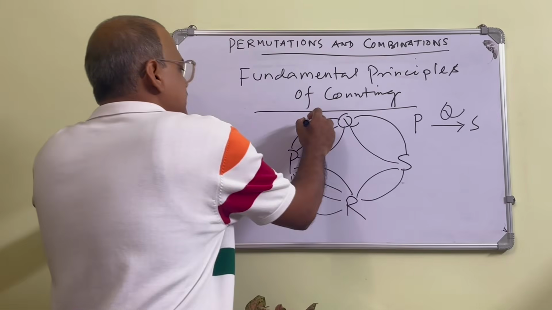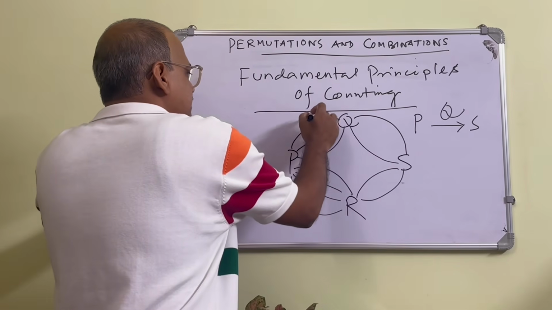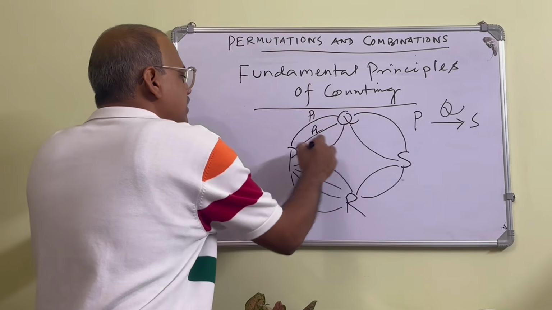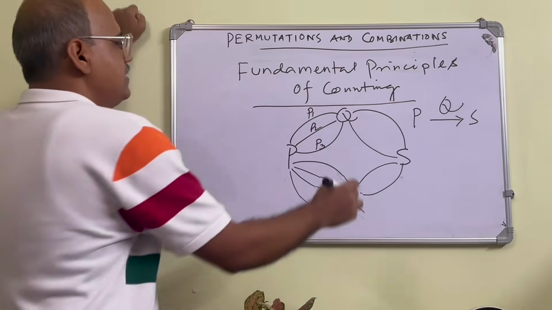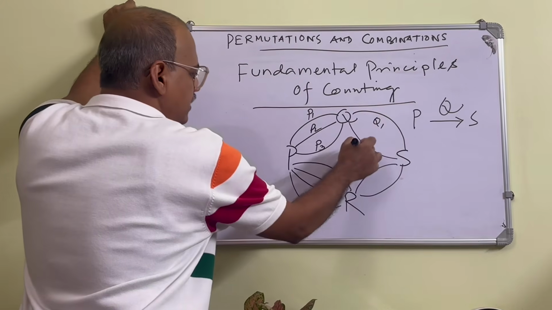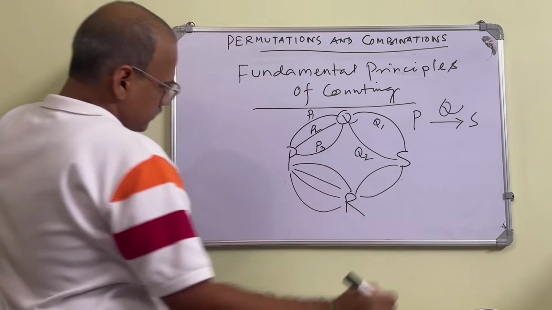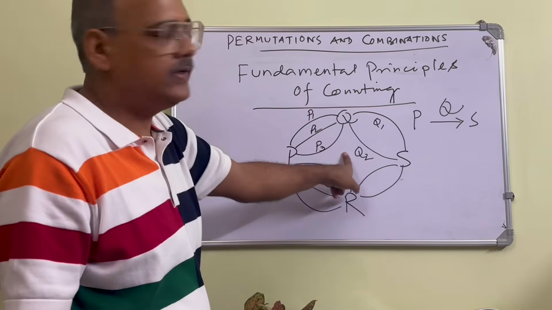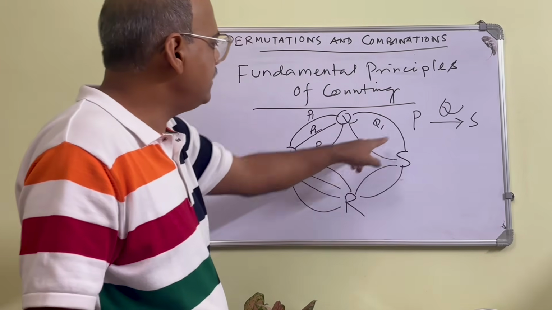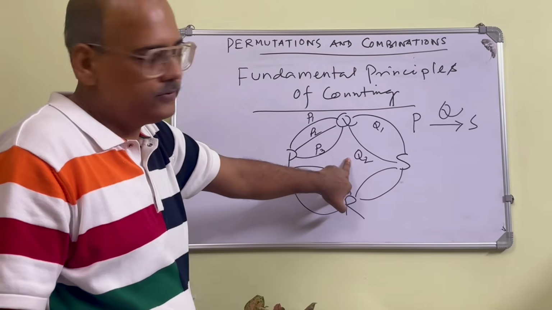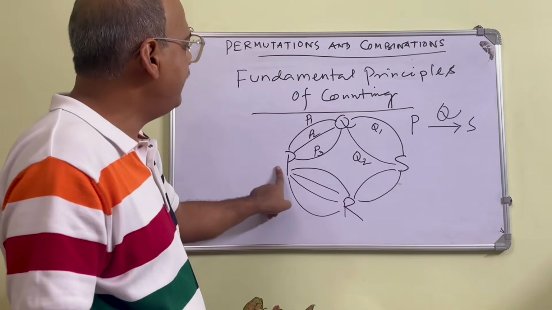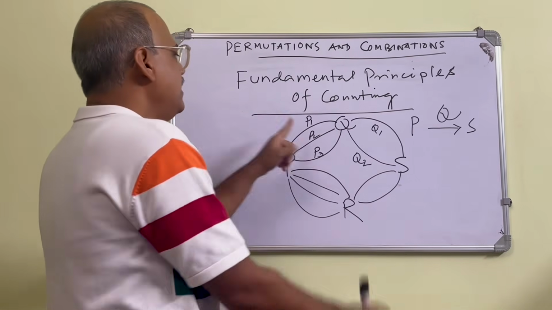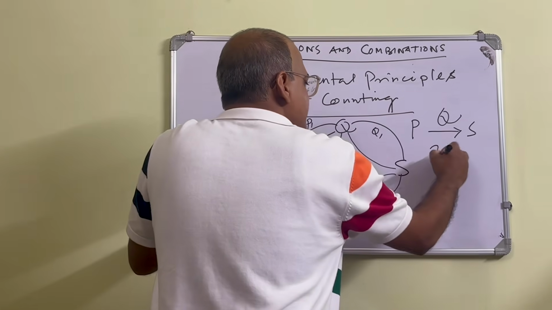There are three paths here from P to Q. Let's name them P1, P2 and P3, and name these two as Q1, Q2. From P to Q there are three different ways. From Q to S there are two different ways. So in succession, how many ways do I have from P to S via Q? It has to be 3 times 2, which means 6 ways.